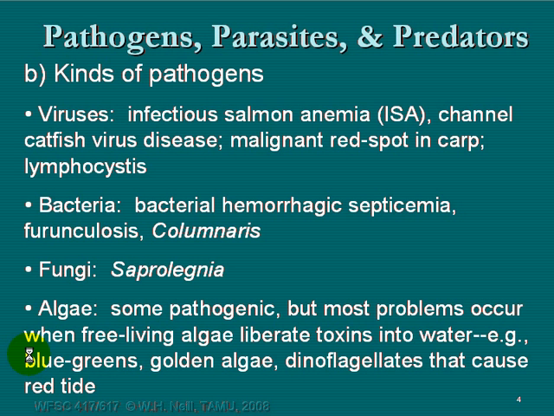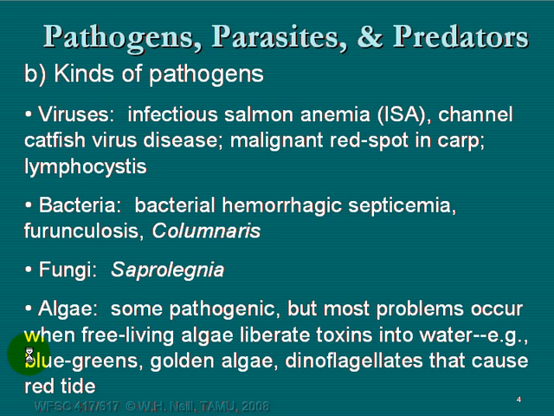Algae. Some algae can actually be pathogenic, but most algal problems occur because of toxins that are secreted by free-living algae. Things like red tide, the dinoflagellates are notorious for producing toxins that, when in the water, have adverse effects on fish and other things.